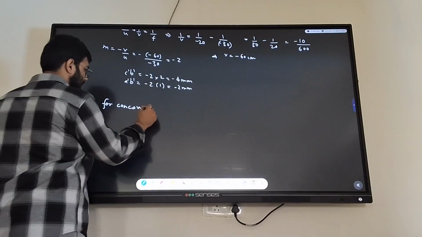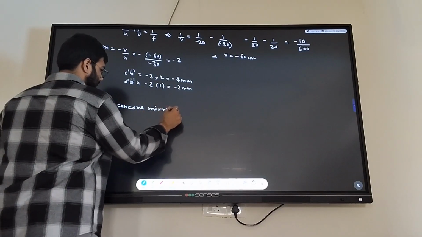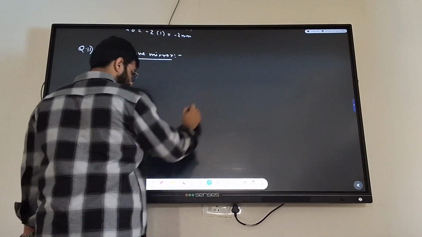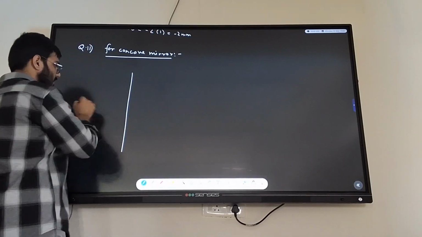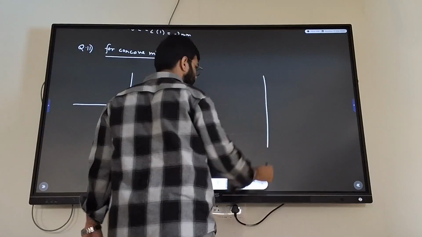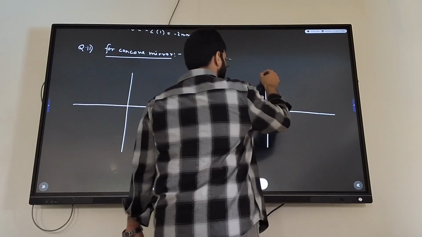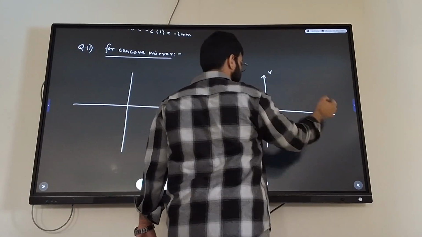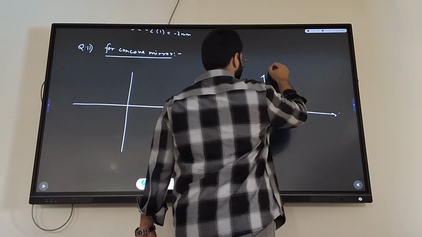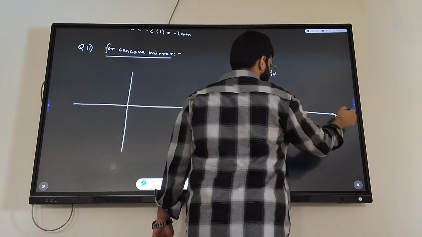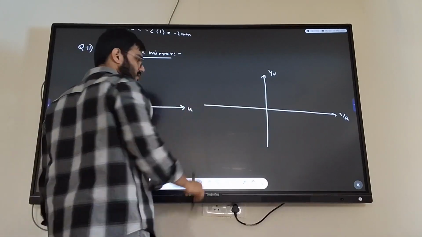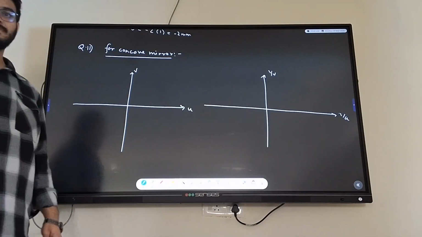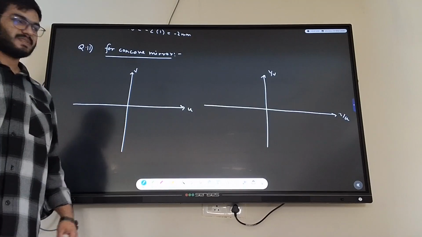Let's make both the graphs. 1 by V versus 1 by U, and this is V versus U. Sir is asking the opposite, sir. He is asking U versus V and 1 by U versus 1 by V.